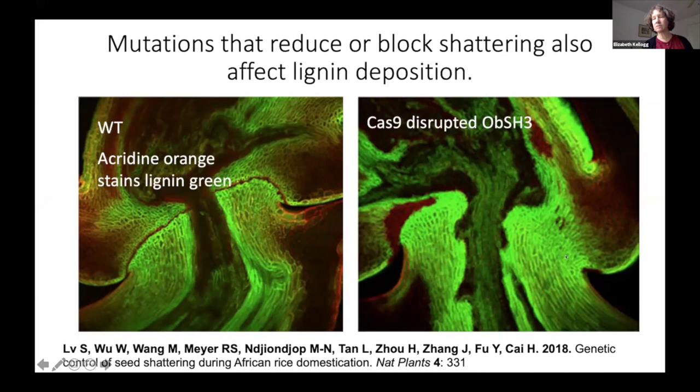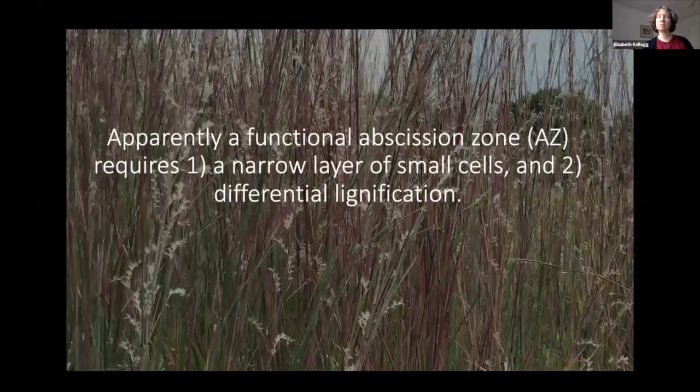So it just doesn't have that break point. So that suggests then that a functional abscission zone requires a narrow layer of small cells and differential lignification. And if you look up abscission zone in the literature, this is the description you will get: you've got to have different lignification and then this narrow layer of small cells defining the breakpoint.